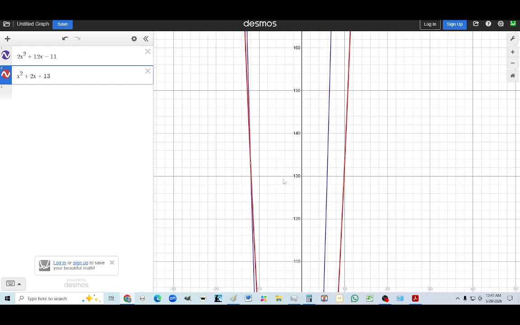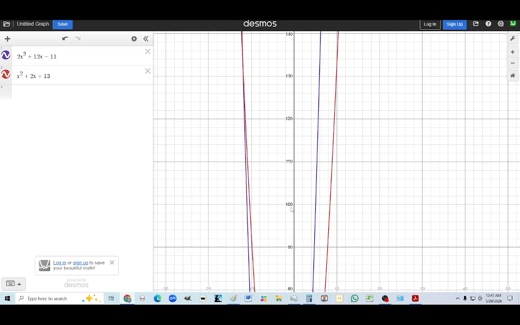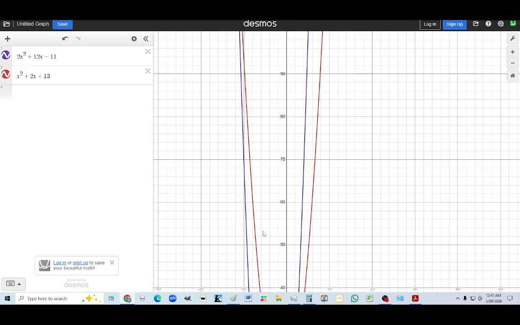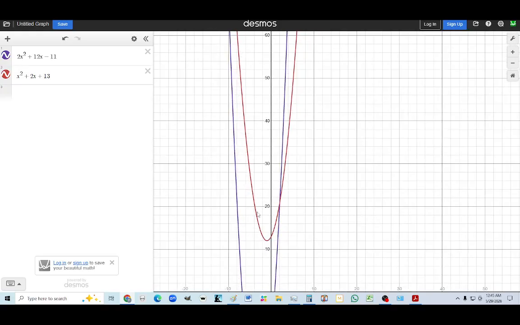And you might be tempted to say, well, no, purple's clearly above red here, until we look here. So no, red's above purple here, red's above purple here, and red's above purple. And that means when it crosses, it's no longer above, it's below purple. And the reason we say this is because for this value, 3.16, look at the y value.